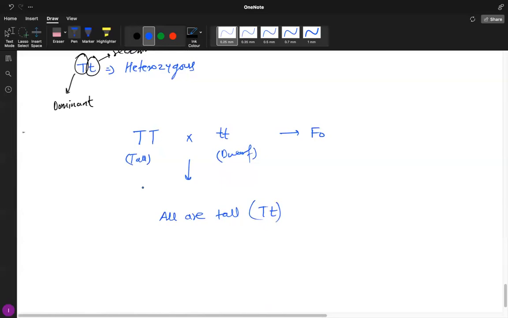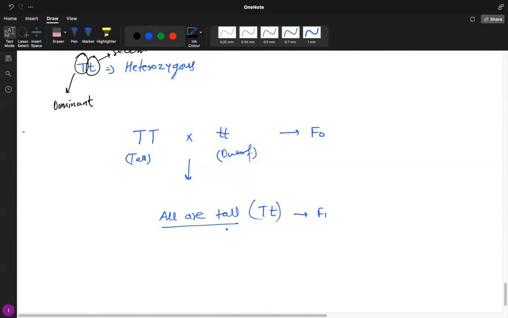Now, this first law was working very well. It worked for Mendel for all the pea plants he worked with, for a reason. This is not a universally accepted law. This law has some exceptions.